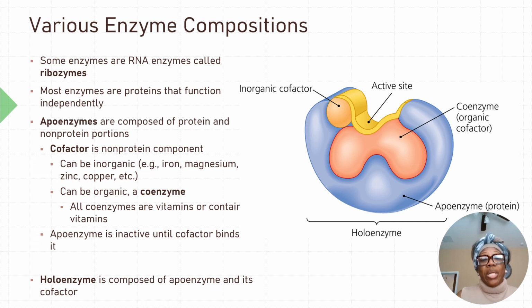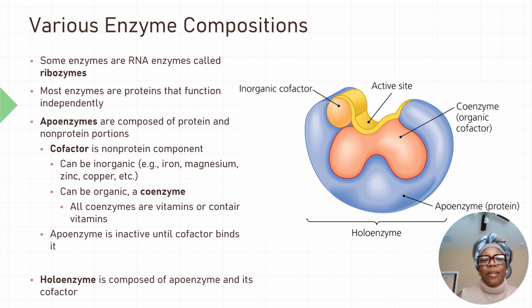Cofactor is a non-protein component of these apoenzymes, and it can be almost anything: an inorganic molecule, which means it doesn't contain carbon, like iron, magnesium, zinc, or it can be organic, which means it does contain carbon, a carbon atom, which is usually bound to hydrogen.